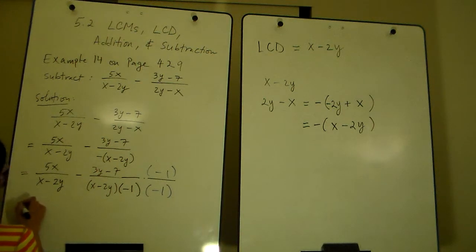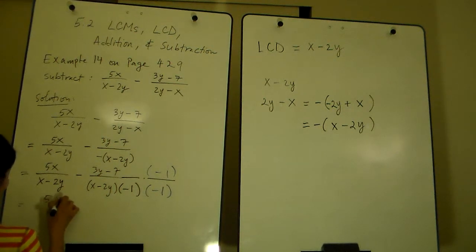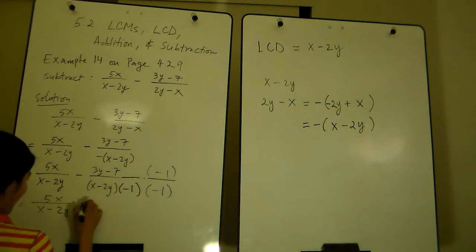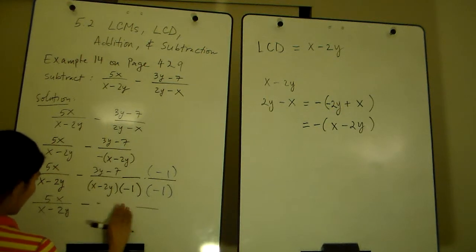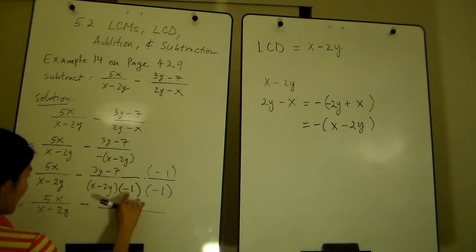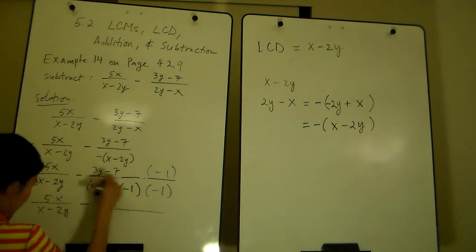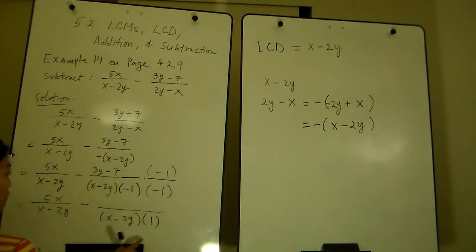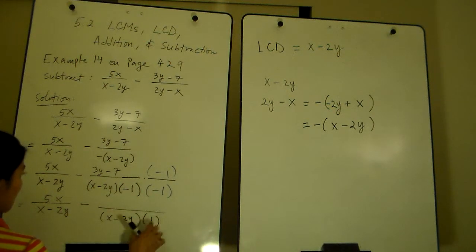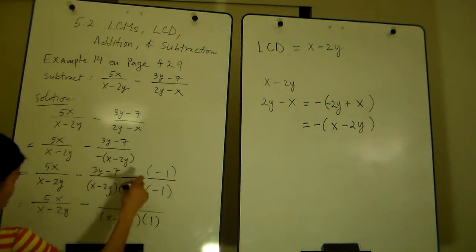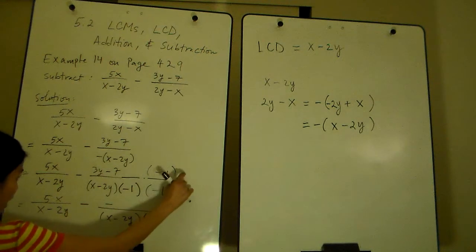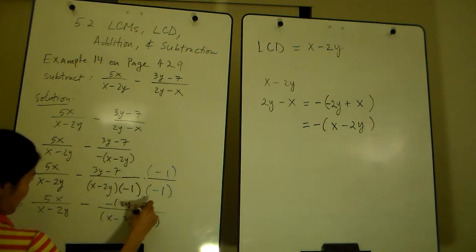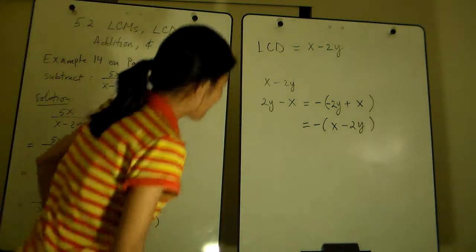Alright. Simplify this. You still have the same first fraction. Negative times negative is positive, okay? So this x minus 2y times 1 comes from negative 1 times negative 1 is 1. Multiply numerator with numerator, you have negative 1 times the whole thing, which is negative of 3y minus 7. Simplify further.